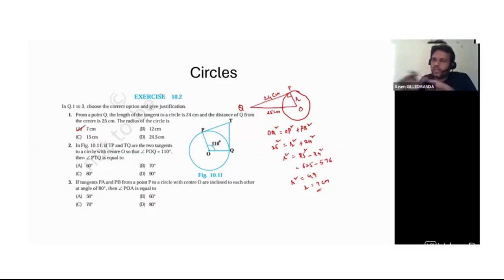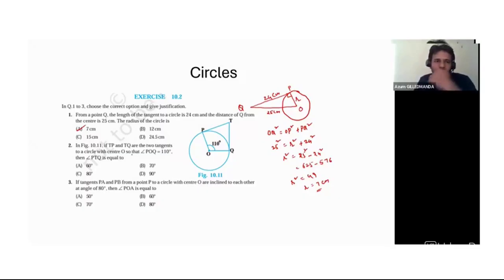Sometimes they give the radius and length of the tangent, and they'll ask you to find how far that point is from the center. So we just need to remember how to draw this triangle and which is the hypotenuse. Always the line joining the center and the point is the hypotenuse, because the angle opposite to 90 degrees is the hypotenuse. Okay, that's what you need to remember.